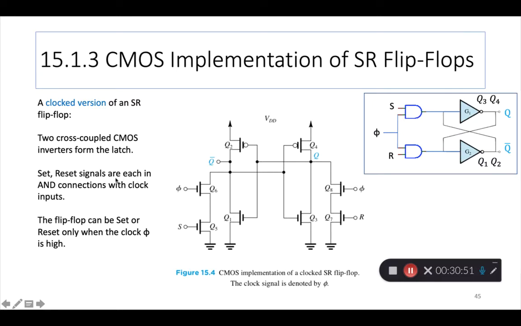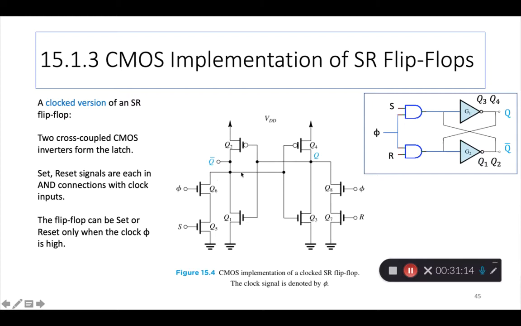Set and reset signals are each in AND connections with the clock inputs. So we have a set input and a clock input. Both are attached to NMOS devices which act as an AND circuit, right? So anything in series like this, you probably know by now, is an AND circuit.